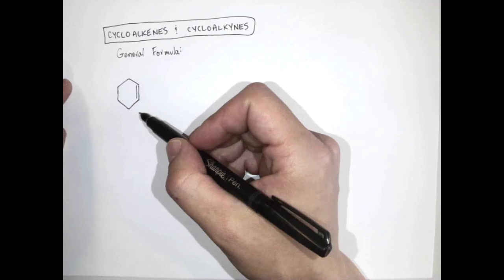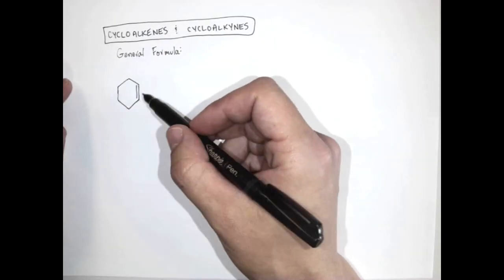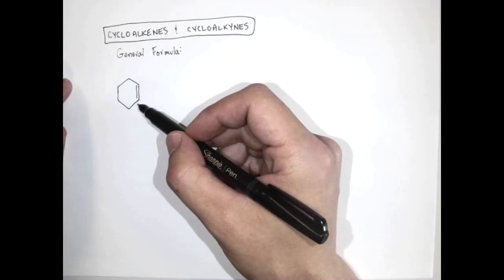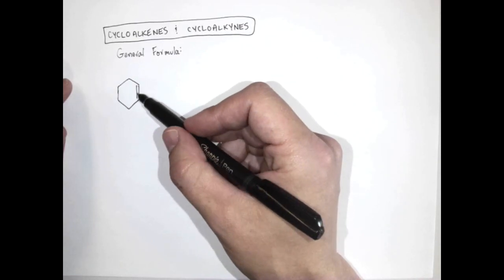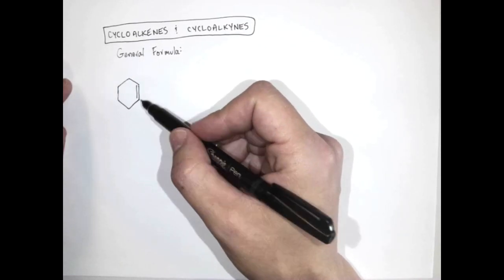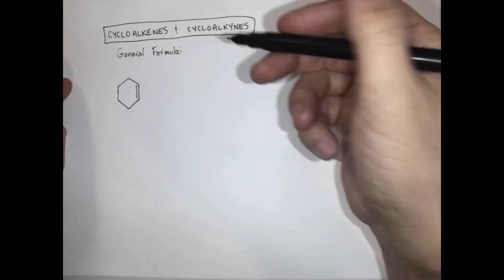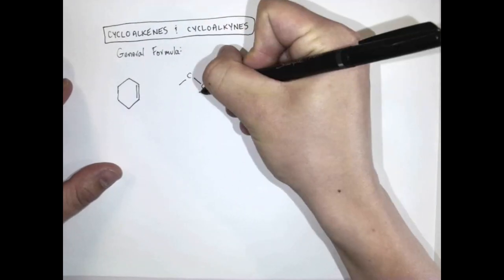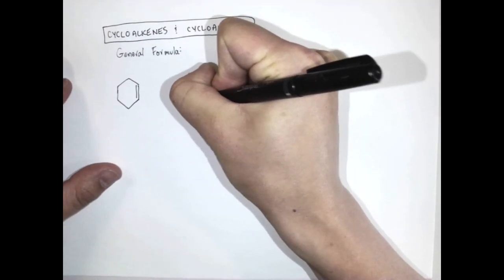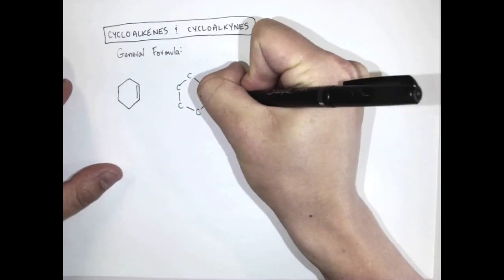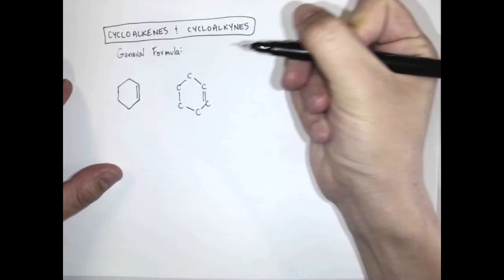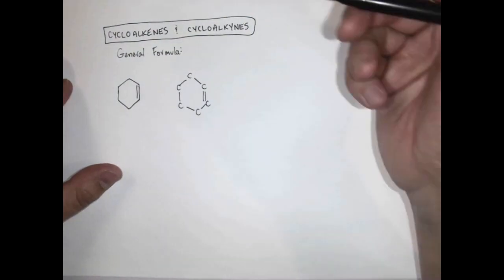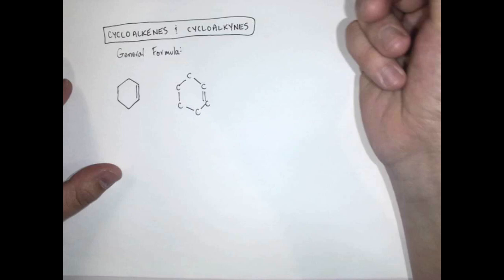So here I've shown a line structural formula for a 6-membered carbon ring, and there is a double bond between two carbons. If I were to draw a structural formula for this, it would look something like that. And we'll put in our hydrogens.